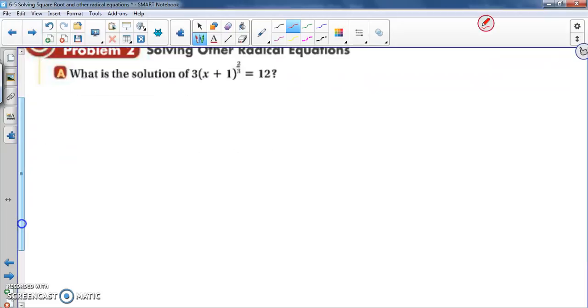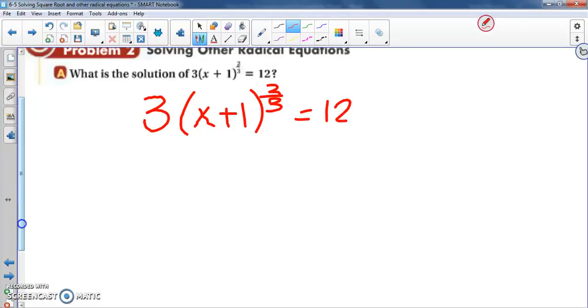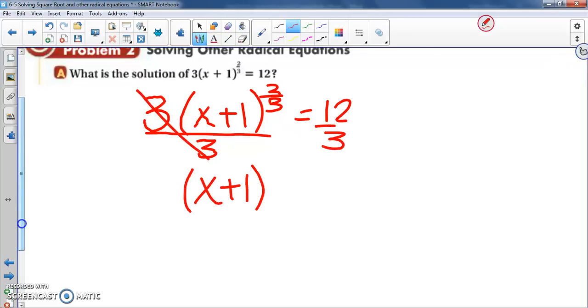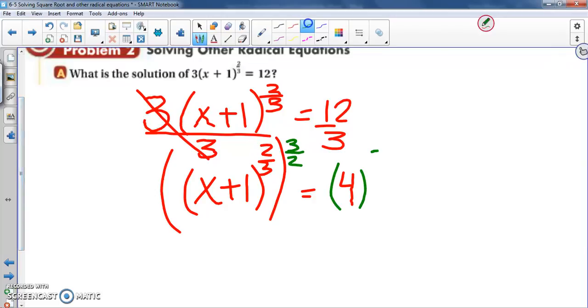We have 3 times x plus 1 to the 2/3 power is equal to 12. We first need to get whatever's raised to the 2/3 power alone, so we're going to divide by 3. I have x plus 1 to the 2/3 power is equal to 4. I'm going to raise this now to the 3/2 power, so that when I multiply my powers, they will simplify to 1.